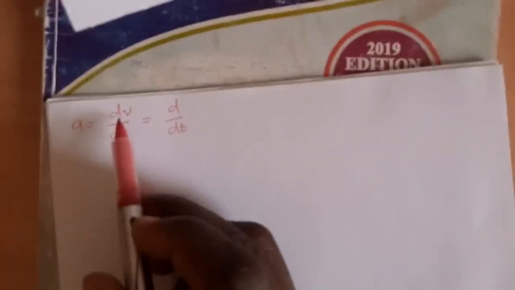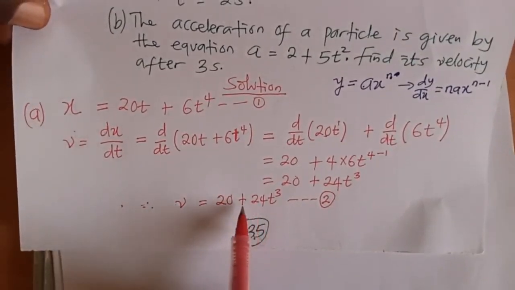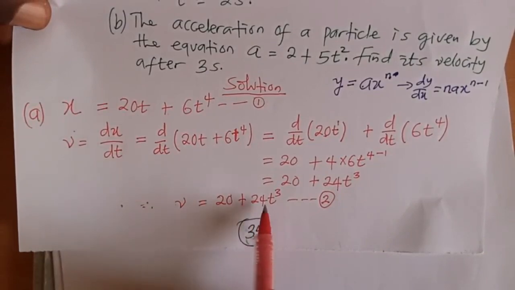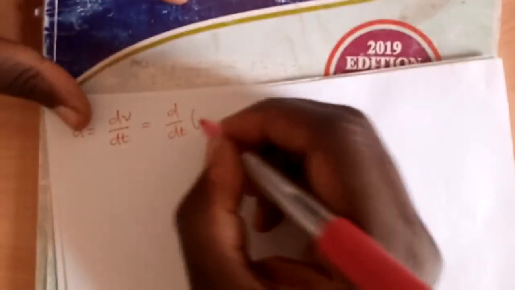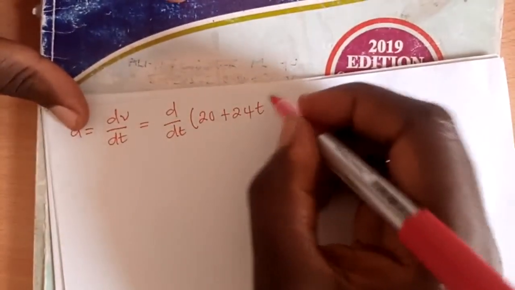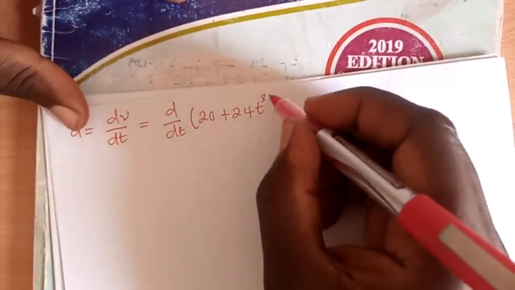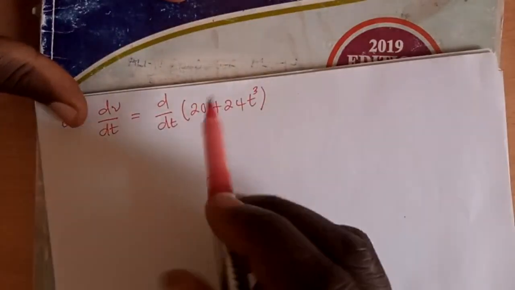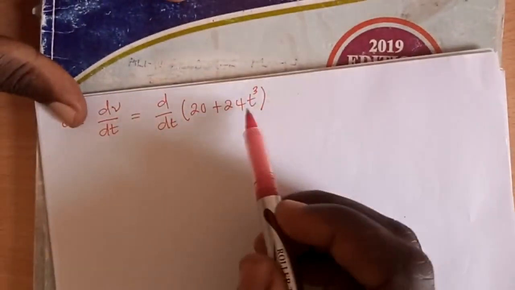Since I have v here, I will take the expression for v from equation 2, 20 plus 24t raised to the power of 3. So I will put open bracket 20 plus 24t raised to the power of 3, and then close bracket. Remember this is a polynomial, so I will differentiate individually.